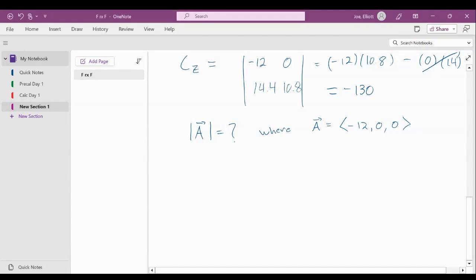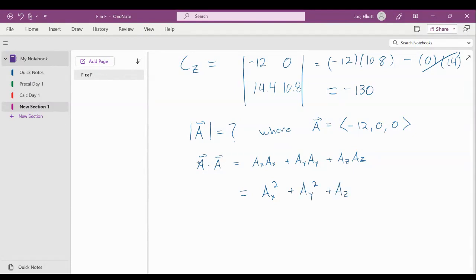If you recall, A dot A equals AX plus AY plus AZ, which is ultimately equal to AX squared plus AY squared plus AZ squared. So the dot product is really kind of just the Pythagorean theorem.